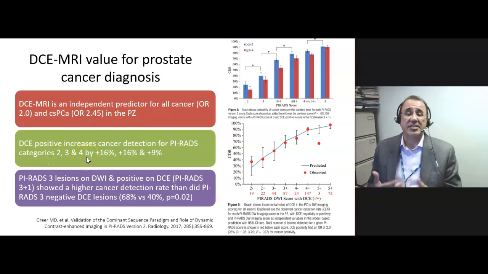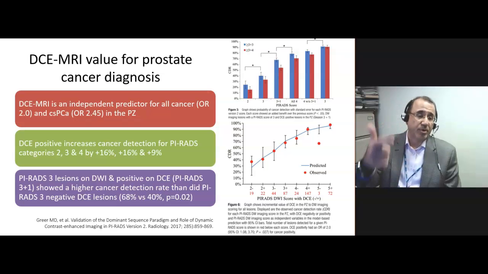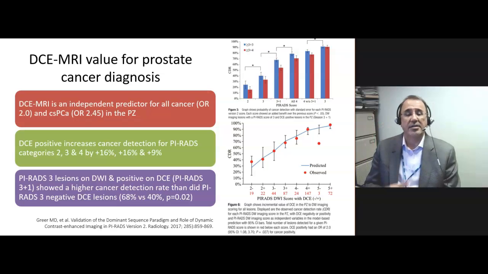In fact, DCE is an independent predictor for all cancers and for clinically significant cancers in the peripheral zone.